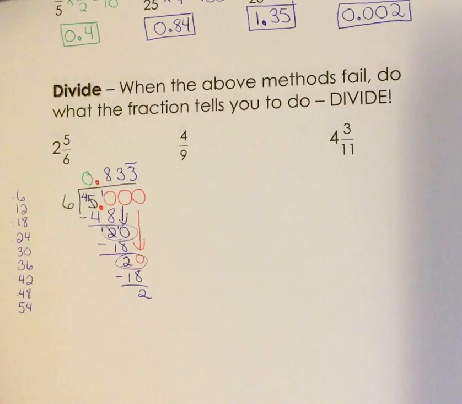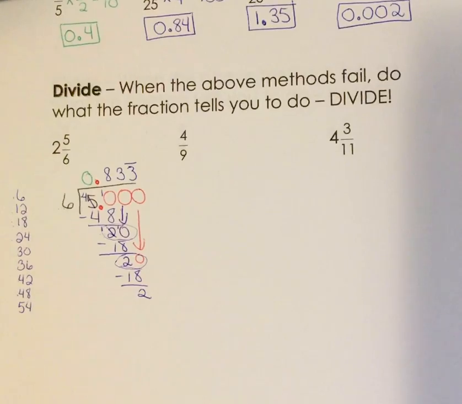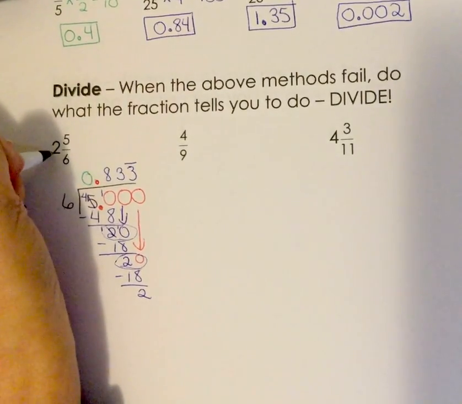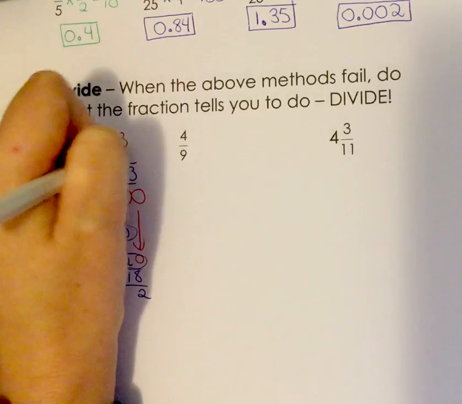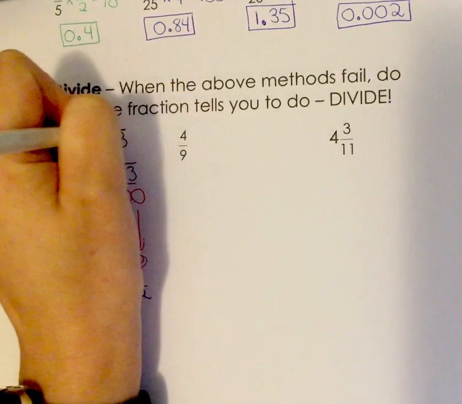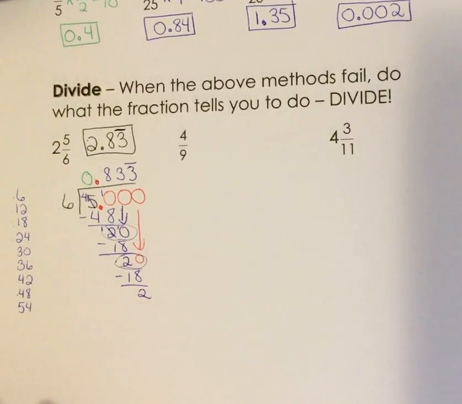Okay, so there's my decimal equivalent. Now I need to write it correctly. So my final answer is 0 wholes and 83 hundredths, repeating the 3. And that's how you do it.